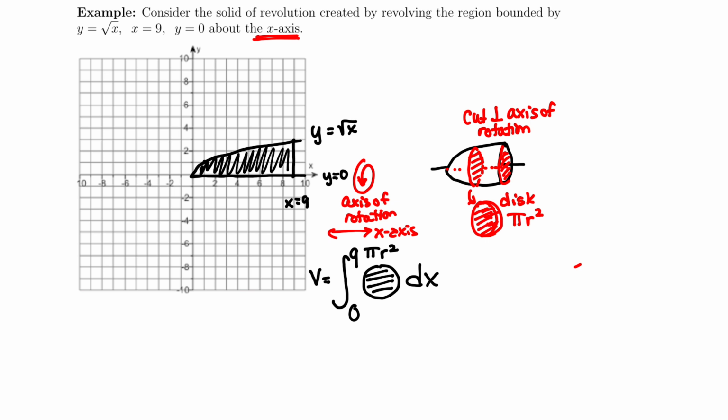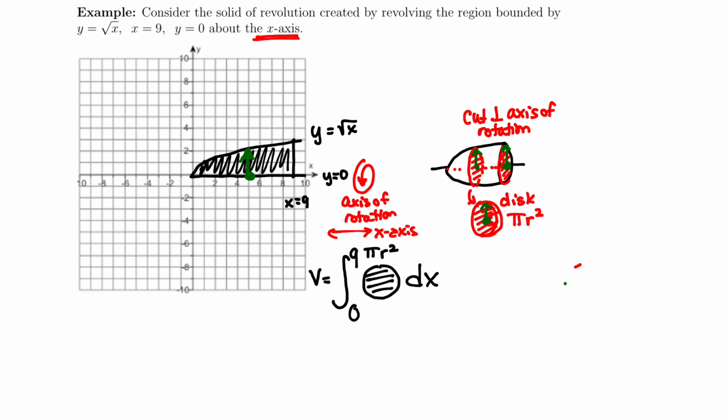Now, here's the tricky part: figuring out what my radius is. This is my axis of rotation, and the radius goes from the center, which is my axis of rotation, around. If I'm drawing a picture, here's my radius. You guys got a radius right there?